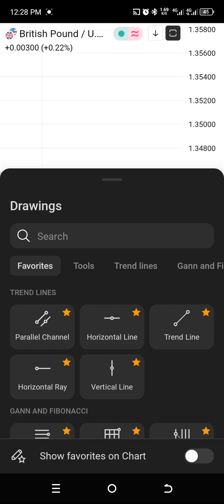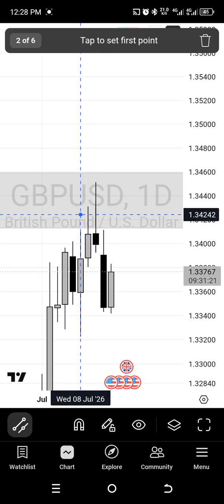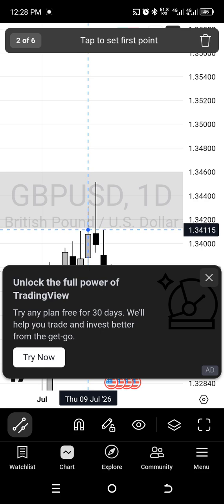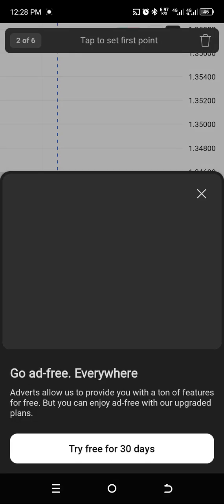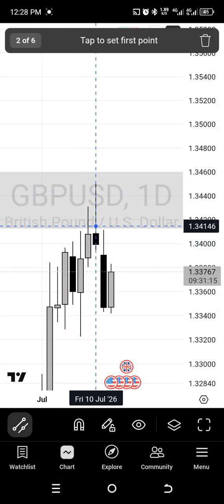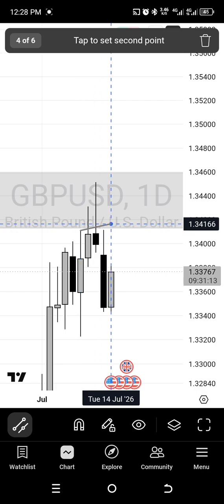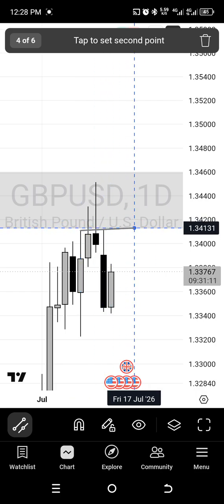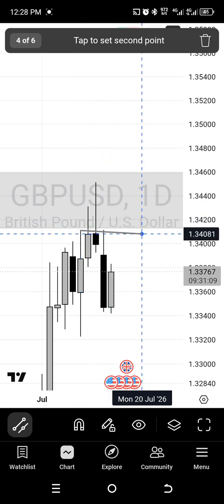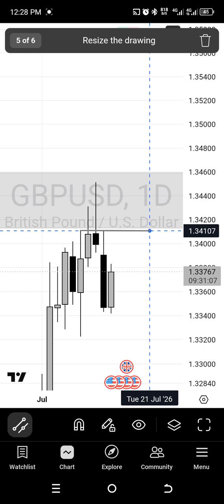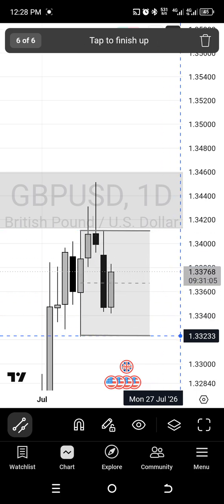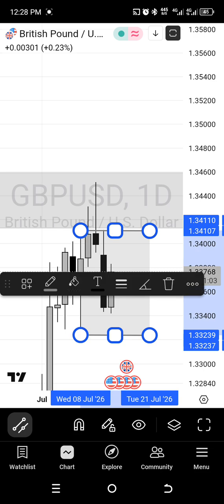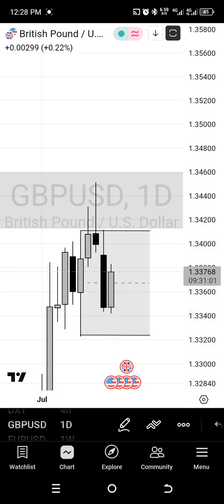We got this particular candle range, and that is our candle range high, and this is our candle range low. Our drawn liquidity is lower, and I am pretty much bearish.